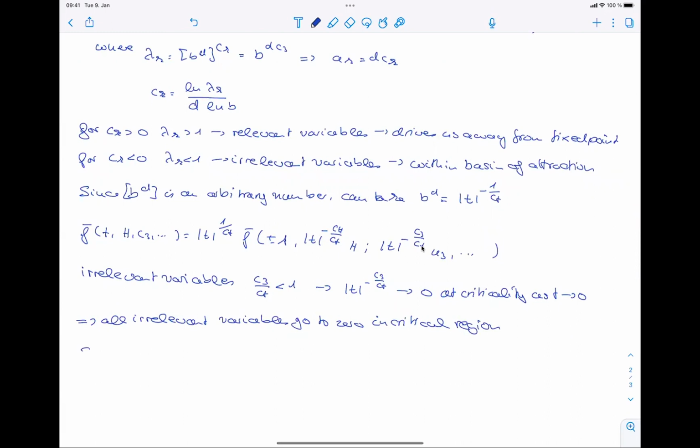And so I can now read off the scaling form at criticality. There's going to be another one.